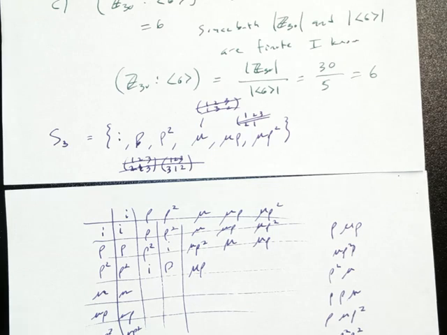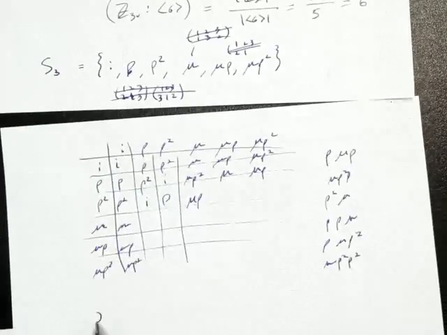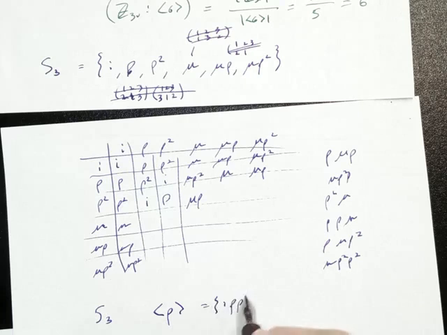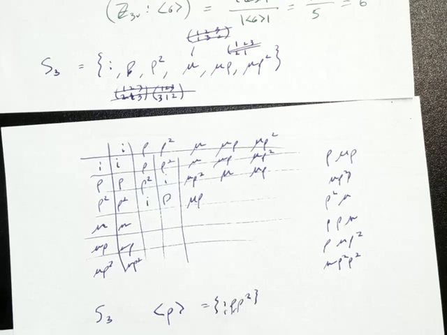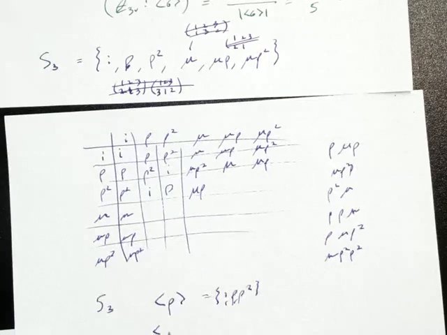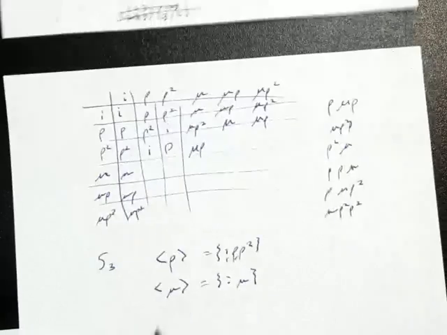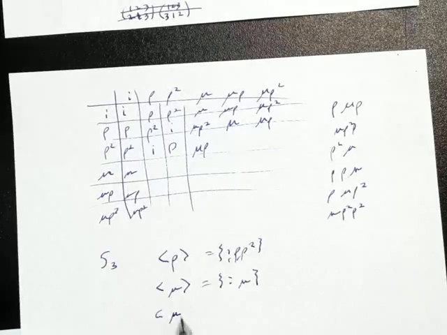The 4 subgroups of S3 are the subgroup generated by rho, the subgroup generated by mu, the subgroup generated by mu rho, and the subgroup generated by mu rho squared.